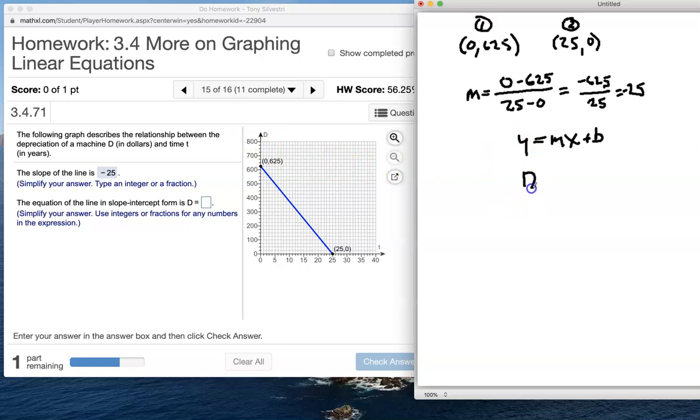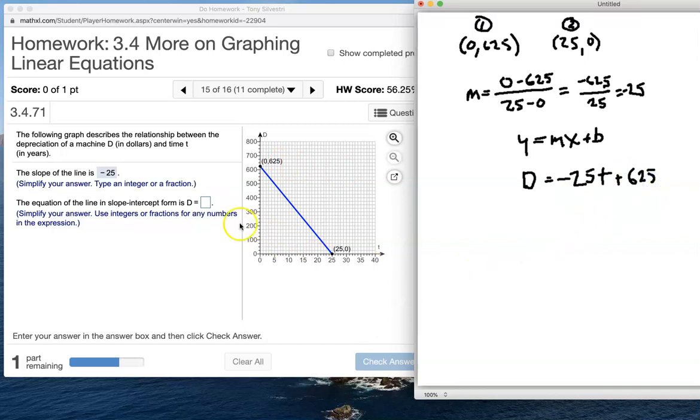So d is equal to, substitute in negative 25 for the m. X is the time, plus, I can tell you what that number is by looking right here. This line crosses the vertical axis at 625, so that number is 625.